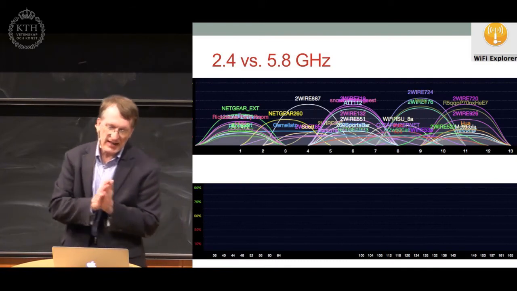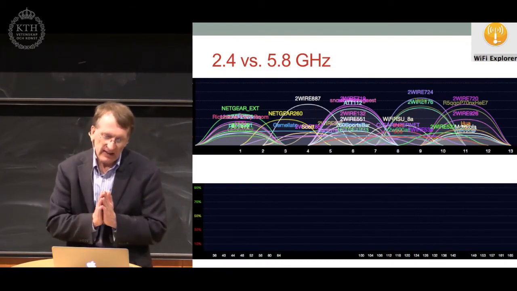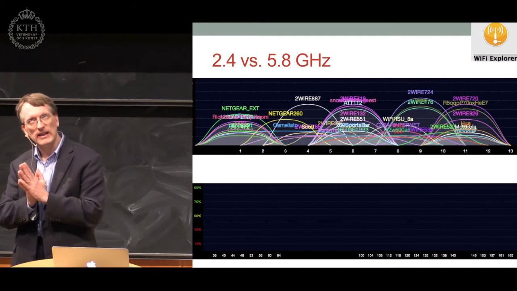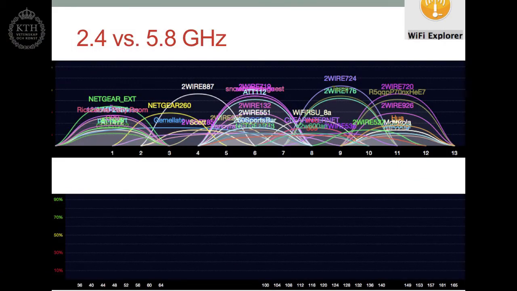Indeed, this is an example of something I measured in Chicago: even if you compare 2.4 gigahertz to the 5.8 gigahertz Wi-Fi band, the 2.4 is really, really crowded, with lots of transmitters on the same frequency. 5.8, essentially nothing. That was maybe 2 years ago, so it may have changed a little bit.